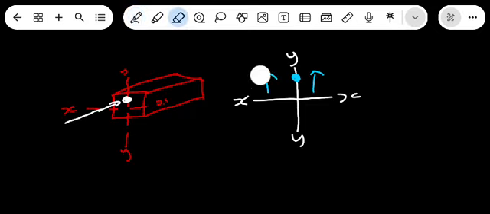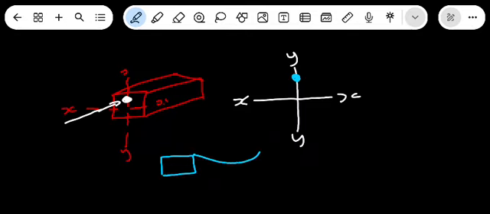And I want you to understand something. This bar will bend in the x-axis, but it will bend downwards when you apply the force upwards. Let me illustrate this. The force that I apply will cause this bar to bend in the x-axis.